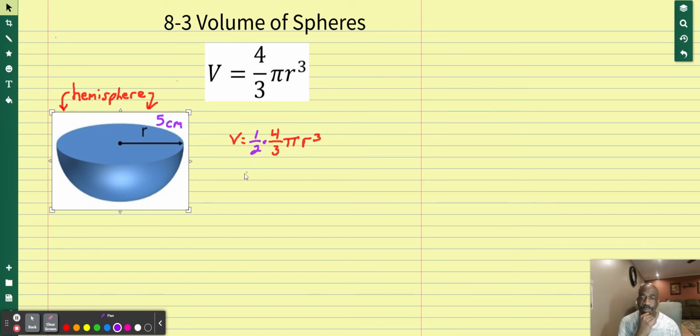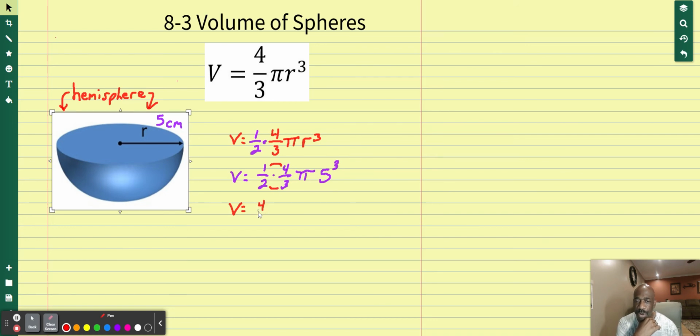Let's bring down 1/2 times 4/3 times pi times the radius to the third power. Let's work this one out. We just take it a step at a time. Let's multiply these two fractions: 1 times 4 and 2 times 3.